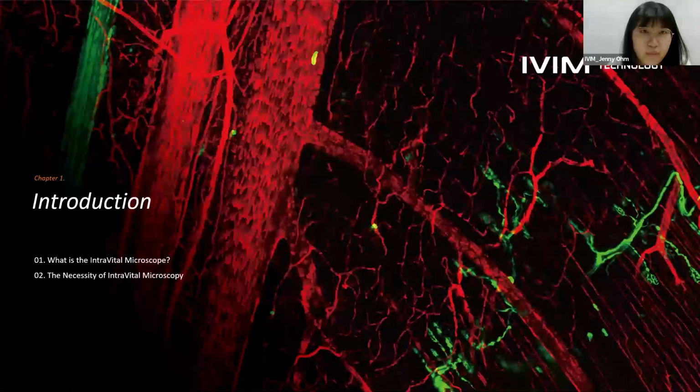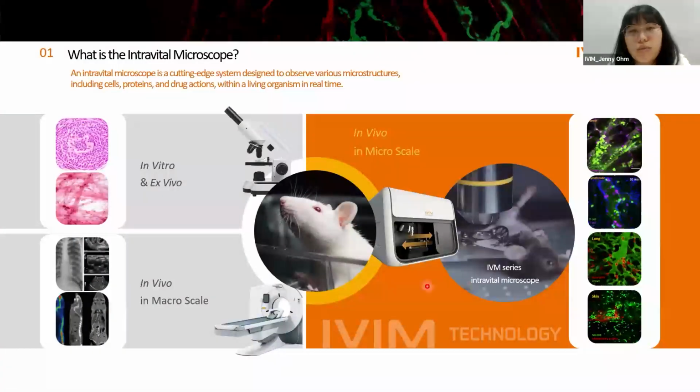So let's start with a very brief overview of intravital microscopy. Intravital microscopy, or IVM, is a powerful imaging technique that lets us watch how cells and molecules behave in real time inside living animals. Unlike traditional methods like histology or in vitro and ex vivo methods, IVM shows what's happening in a very natural living environment, so we can actually see things such as how cells move, interact, and respond during disease progression.